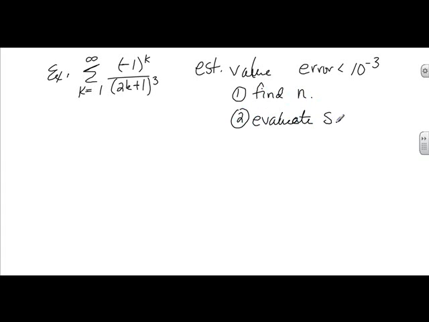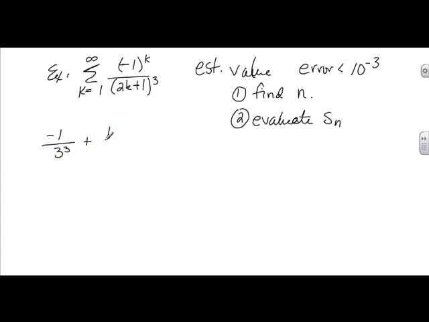So, think about the first n terms. Now we're starting our counter at 1, so the first term would be negative 1 over 3 cubed. The next term would be positive 1 over 5 cubed. And then we'd have negative 1 over 7 cubed, and so on.